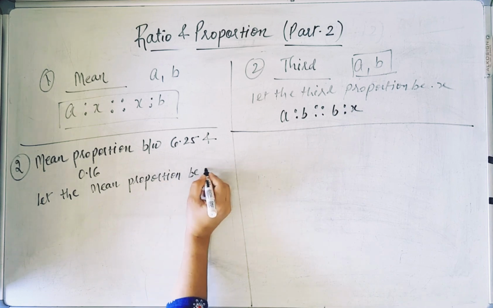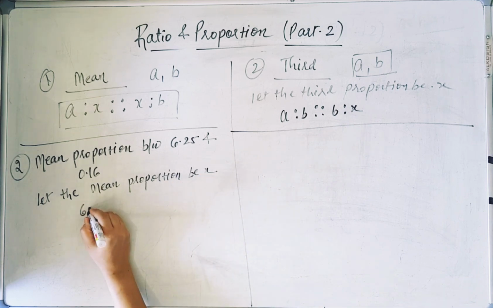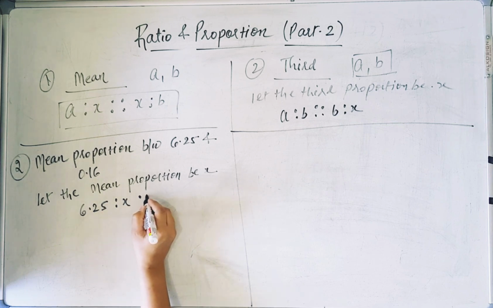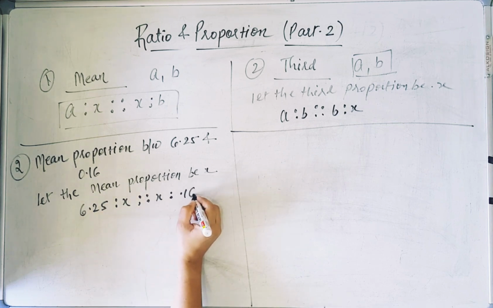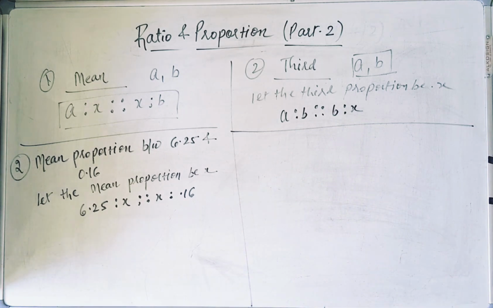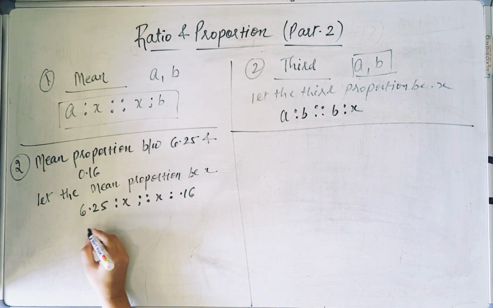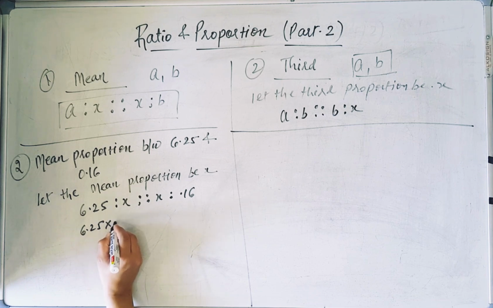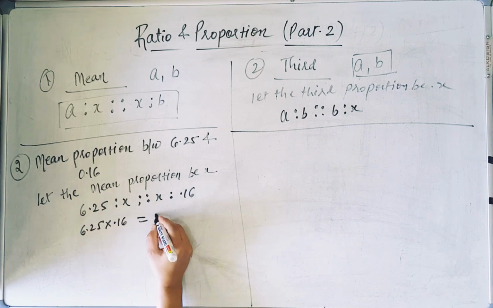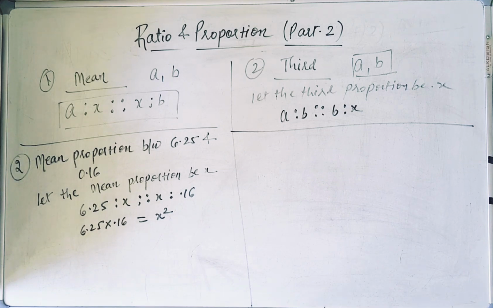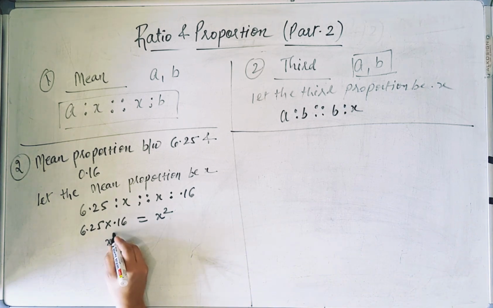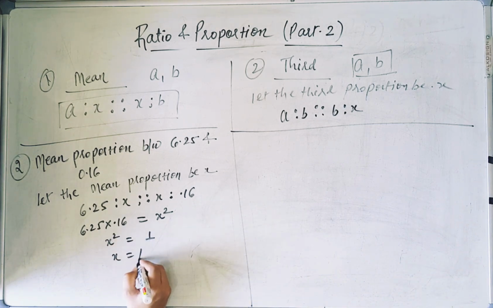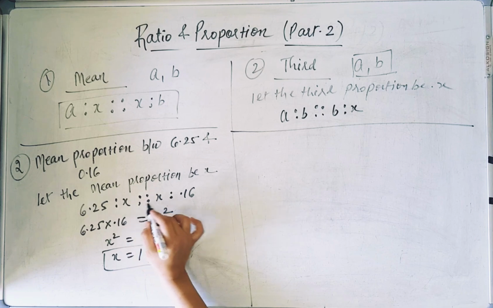So 6.25 is to x proportion x is to 0.16. We'll apply the same formula, product of extremes equals product of means. So I get 6.25 into 0.16 equals x square. If I multiply 6.25 by 0.16, I'll get 1. So x square is 1, and x will be 1. See, in mean proportion we assumed the mean as x and the mean proportion itself repeated.